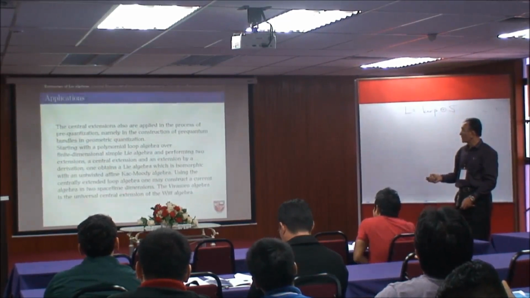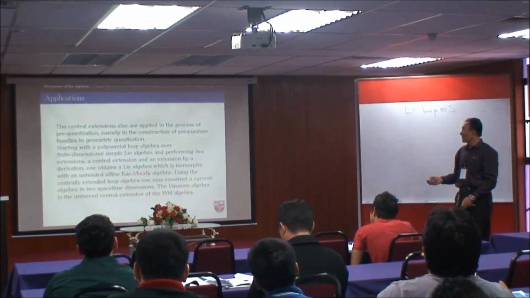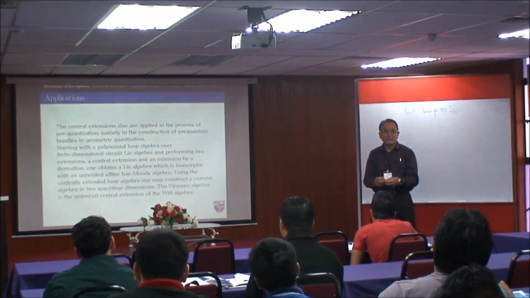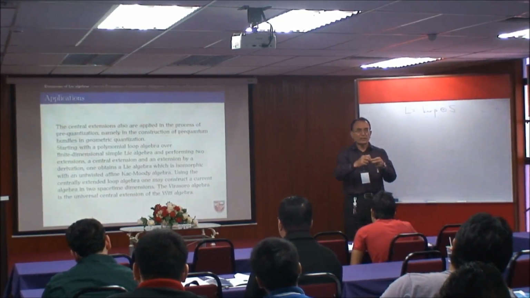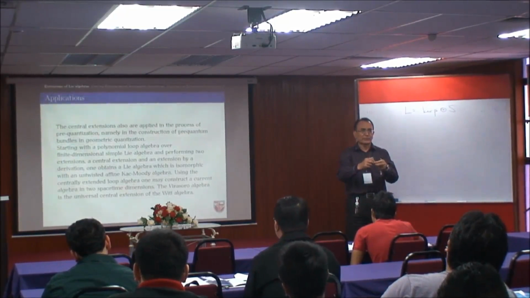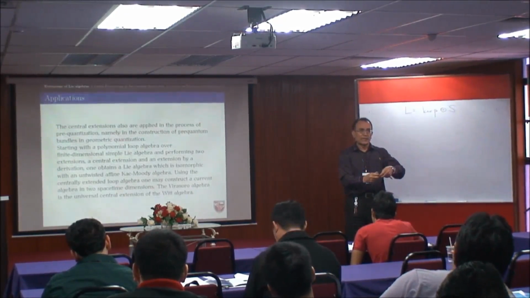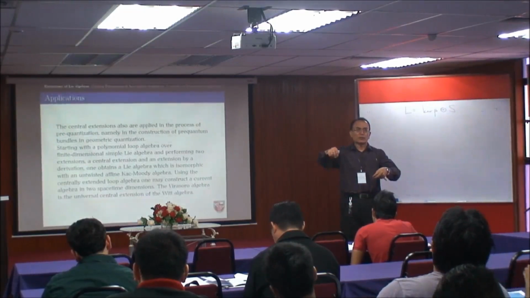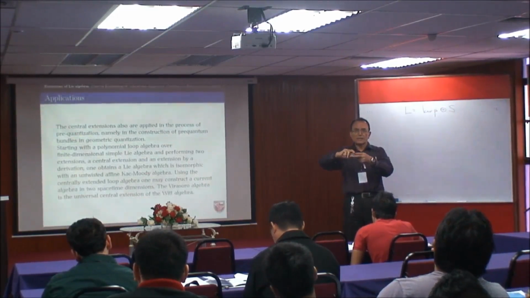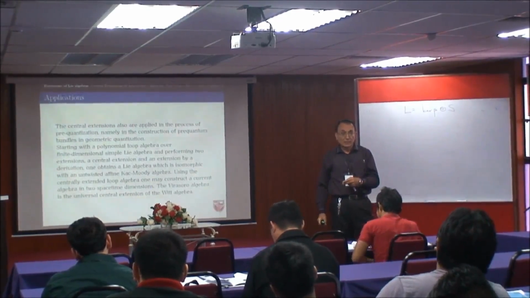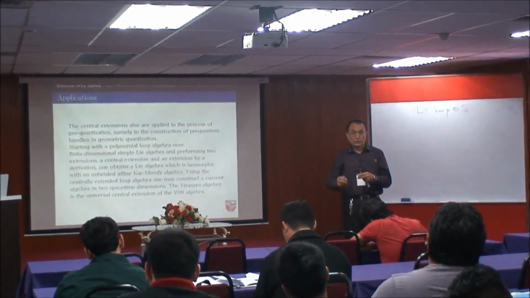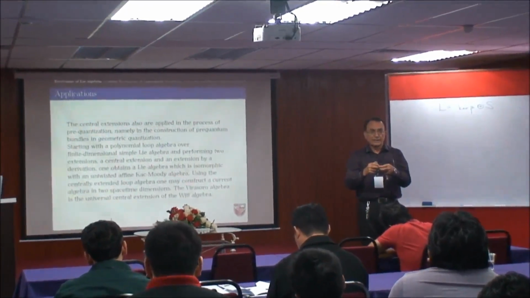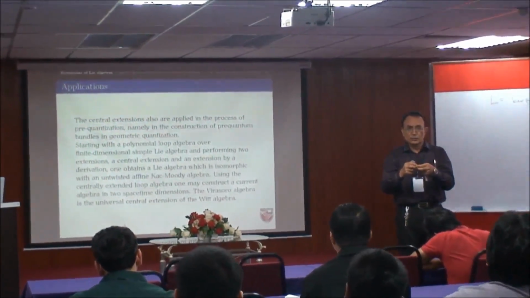Alright, so regarding those four classes of algebras, Kac-Moody algebras can be obtained by taking the loop algebra of a classical simple algebra. First you consider the corresponding loop algebra, then extend by derivation. Kac-Moody algebras can be obtained by these two extensions.